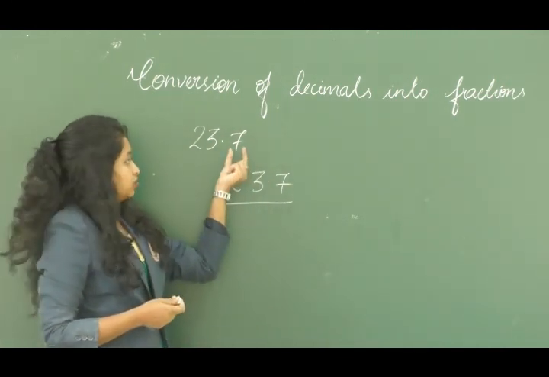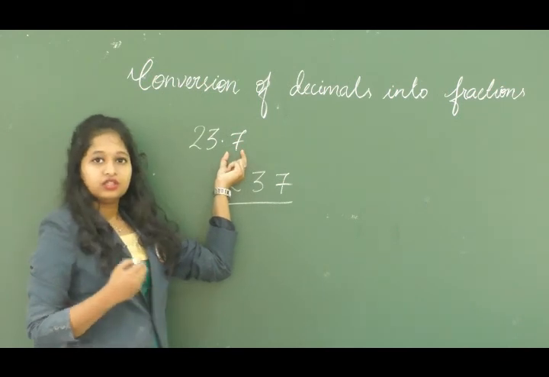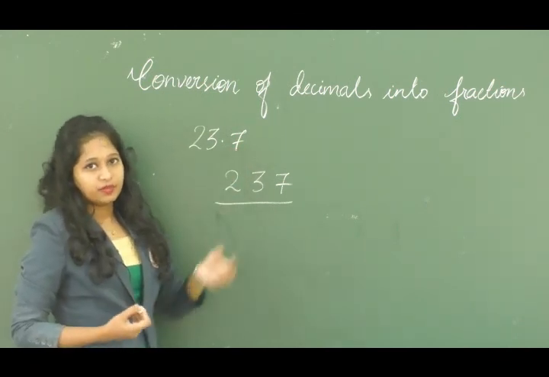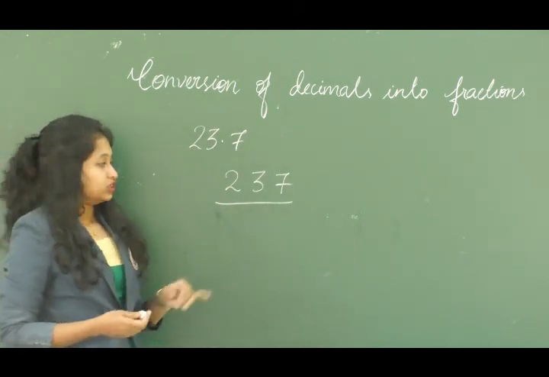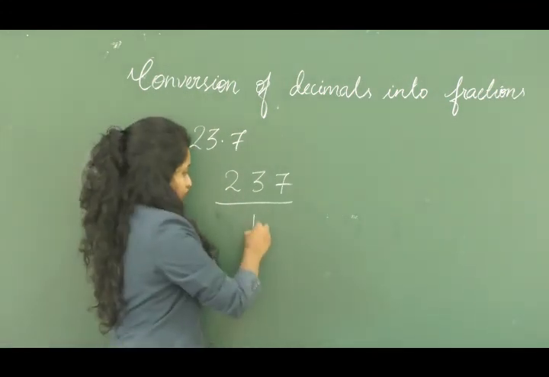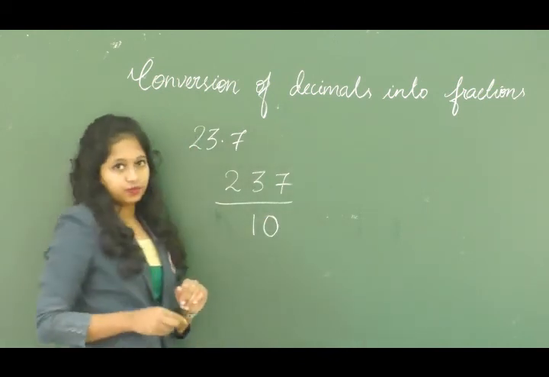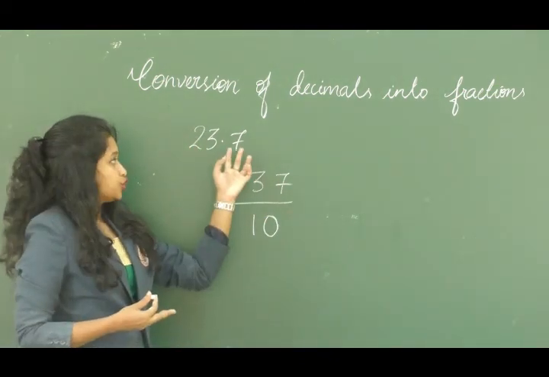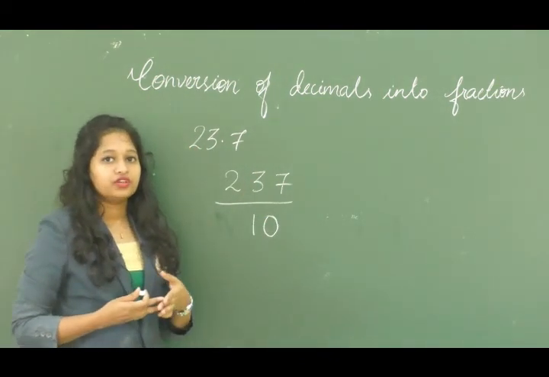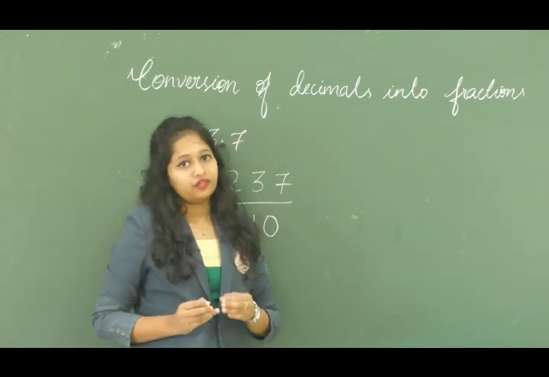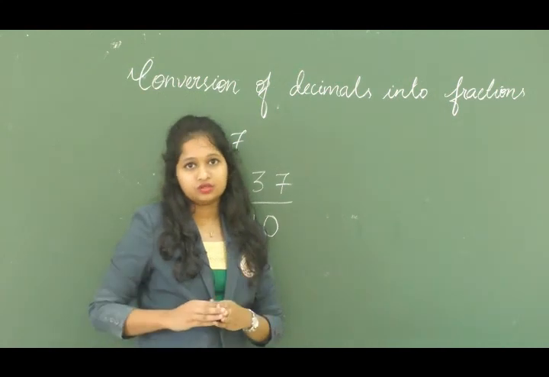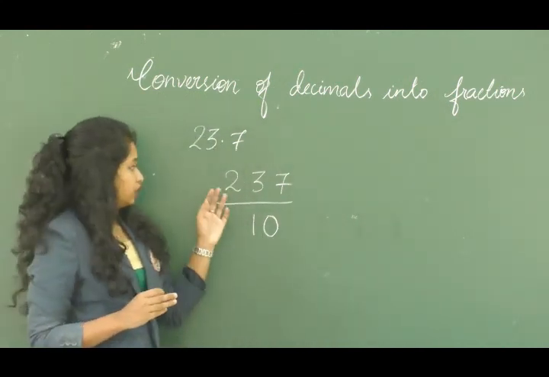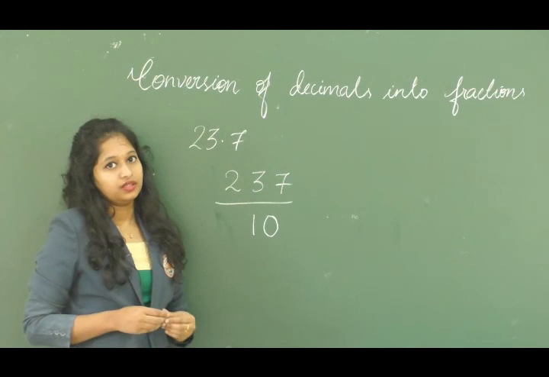Next step is, see, we have only one digit in the decimal part. So in the denominator, we have to write 1 followed by one 0. If there were 2 digits, then you should have written 100. For 3 digits, you should write 1000. Okay. Now we have 237 by 10.